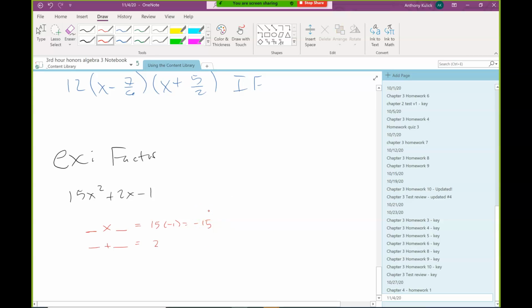These should be two numbers you can find fairly easily in your head. Does anybody see the two numbers? Negative 3 and positive 5 is correct.